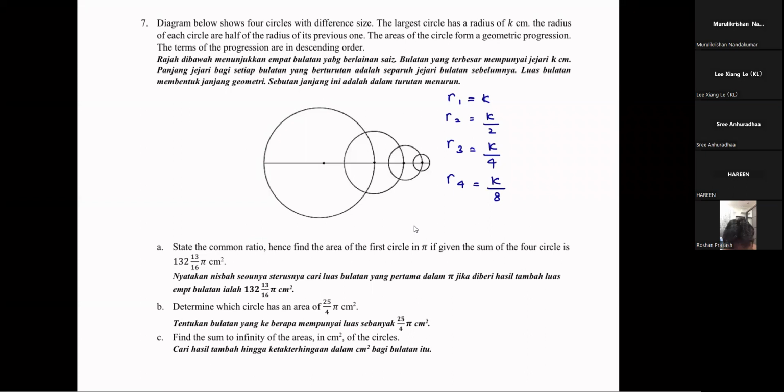This is a radius. Okay, settle. The terms of the geometric progressions is, okay, apa dia kata? The terms of the progressions are in descending order. Okay, fine. Okay, what is forming here? The area of the circle form a geometric progression. Fine.